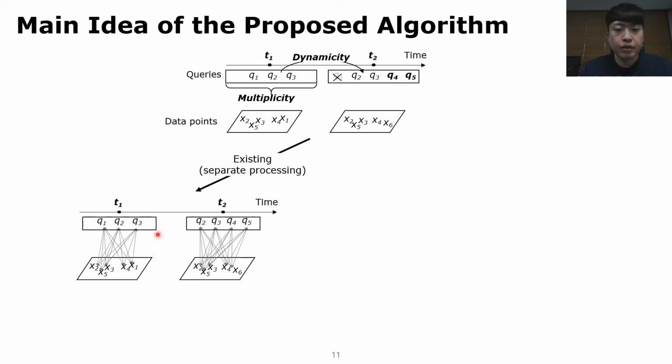At each timestamp, each query processes each data point and decides if this data point is an outlier or not by this query. So the existing algorithms must process multiple computations for each data point and query pair. And at the second timestamp, as queries are changing and the data distribution is changing, each data and query pair should be processed redundantly.